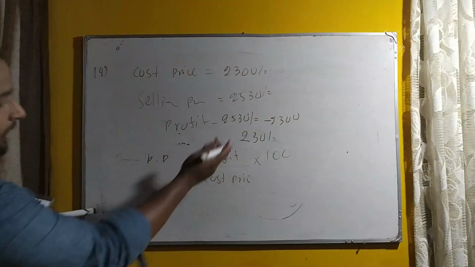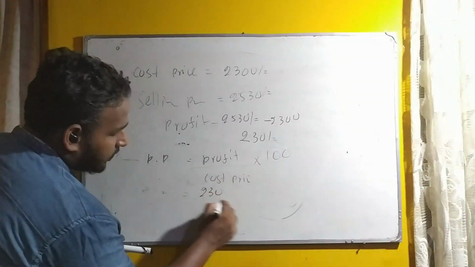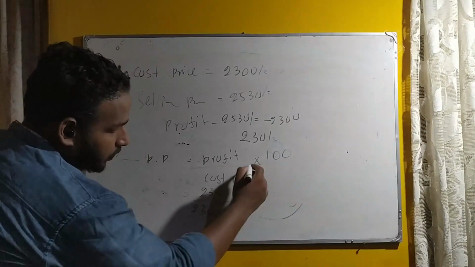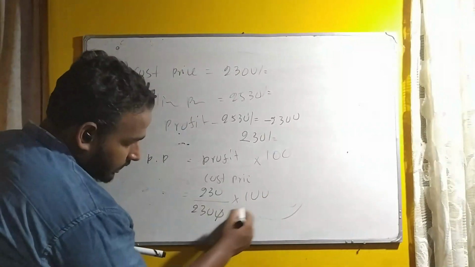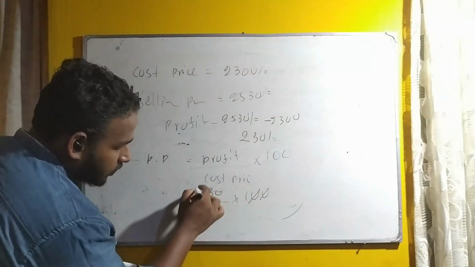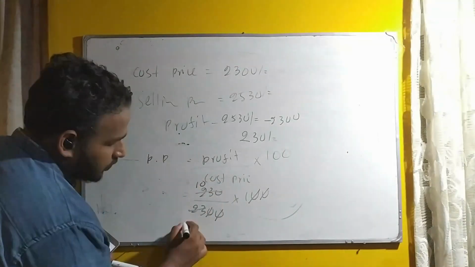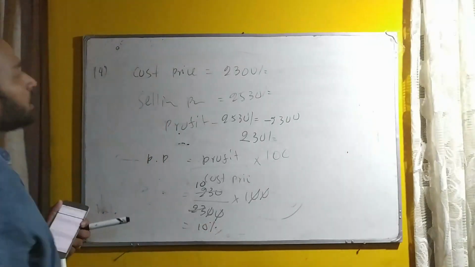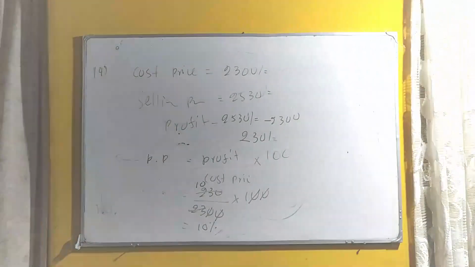So here profit is 230, cost price is 2,300 into 100. I am chopping this 0 with this 0, this one to this one. 230 and 23, if you chop, you will get 10. So the answer is 10%. So this is the answer of 14th question.